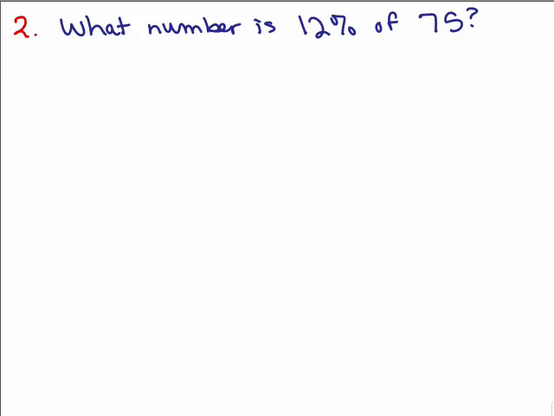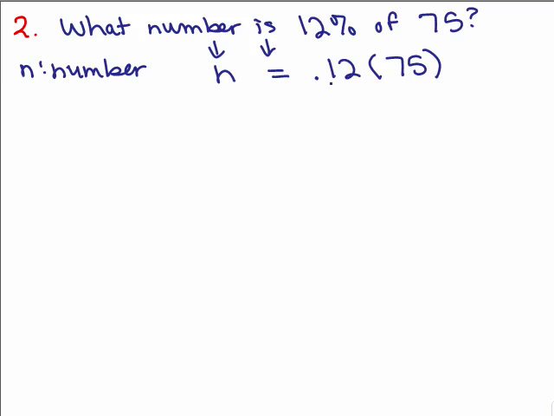Here's another problem. What number is 12% of 75? So again, we're looking for a number. So we've got what number, so we're just going to write n for what number is equal 12%. You could write 0.12, of means multiply, so times 75. So you can do it this way.